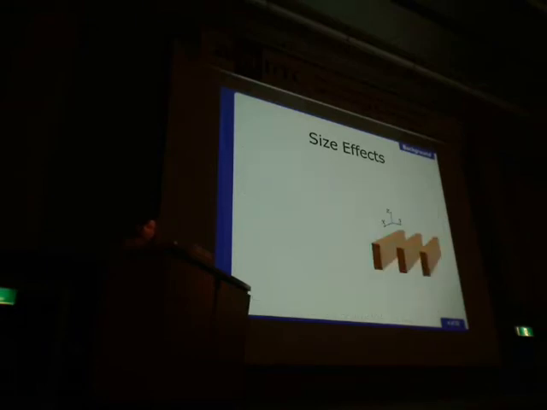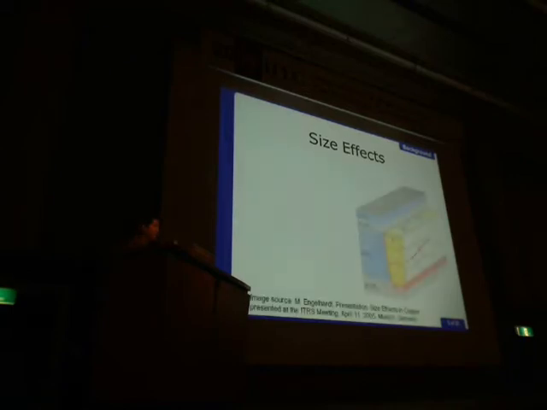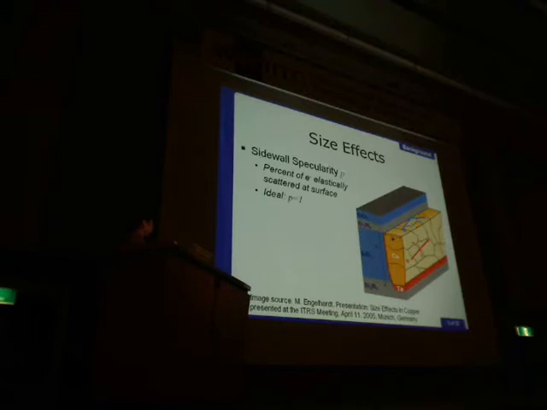So when we look at the interconnect, we can no longer look at it this way, obviously. We have to look at it as a polycrystalline structure shown here, where we have first sidewall specularity. Sidewall specularity describes the percent of electrons elastically scattered at the surface.